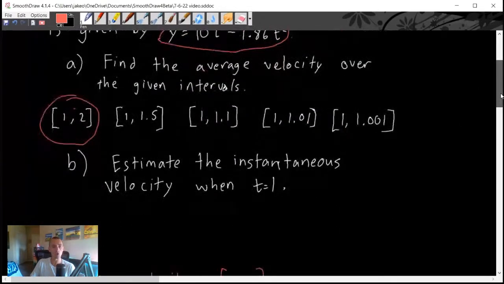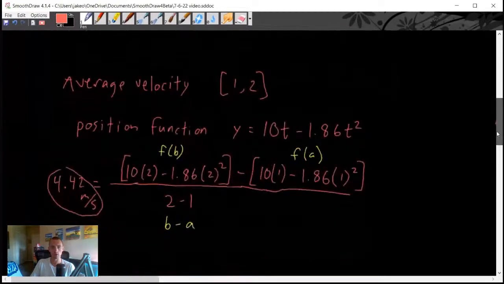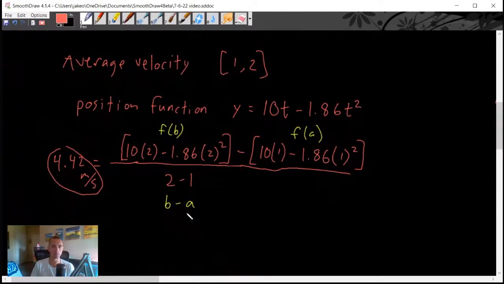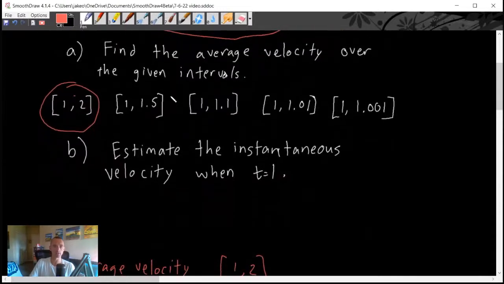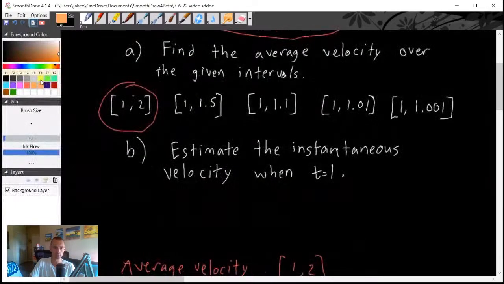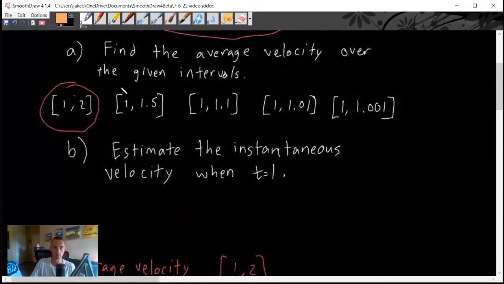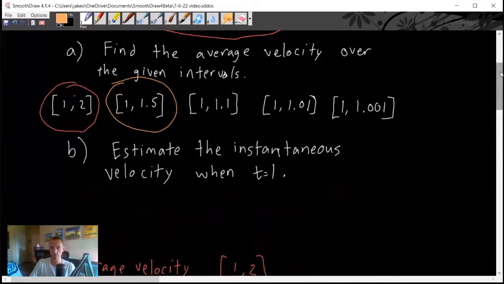I'm not going to go through all 5 of these. I'm going to leave them for you to do. But basically we're just using this formula, plugging in our second endpoint and our first endpoint for b and a. So in this case, we're going to take the average velocity from 1 to 1.5.